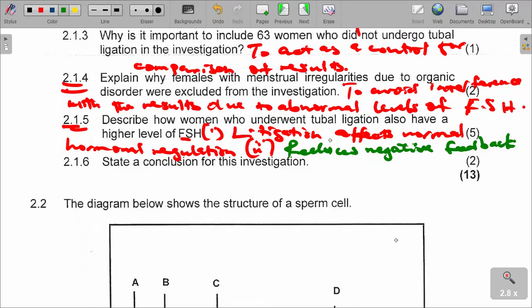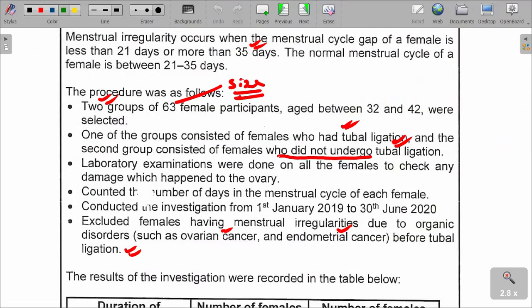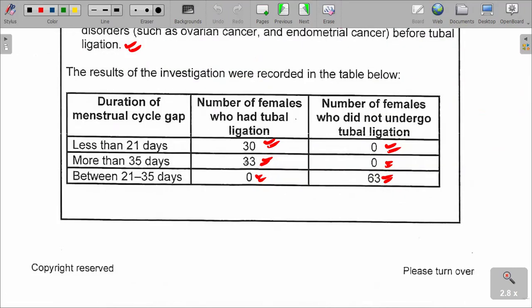If you look at the results there, considering even the first question 2.15, when people underwent tubal ligation, there is an abnormal secretion of certain hormones. So a conclusion that we can draw can be based on the results of the investigation that we are seeing here.